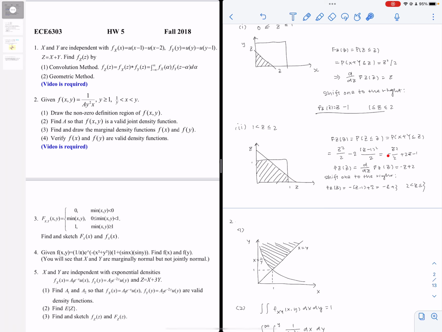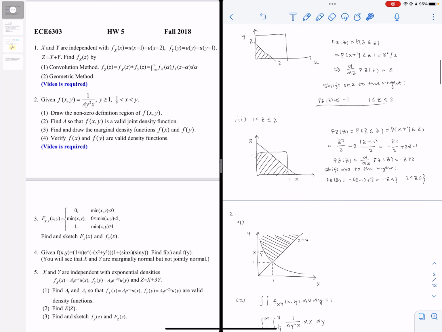And we have minus z squared over 2 plus 2z minus 1. And the derivative of that would be the density function. So here we have minus z plus 2. And to shift this function to the right by 1, we have minus z plus 3. And that's when z is between 2 and 3.